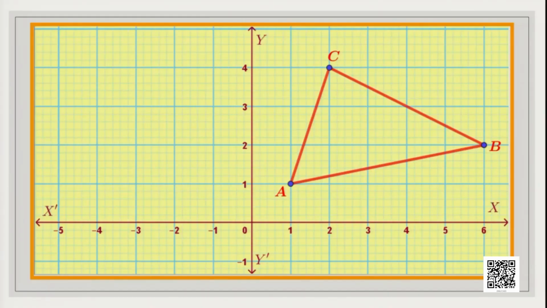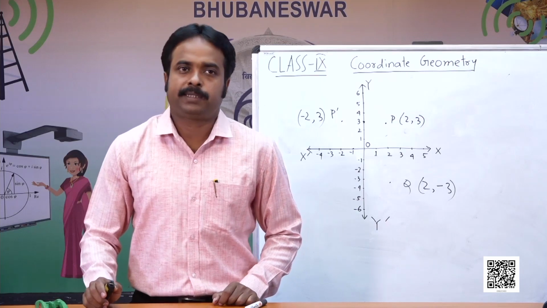We want to find the image of this figure with respect to the y-axis first. To get the reflected image, we have to first find the reflection of all 3 vertices with respect to the y-axis. That means we need the coordinates of the points A, B, C.